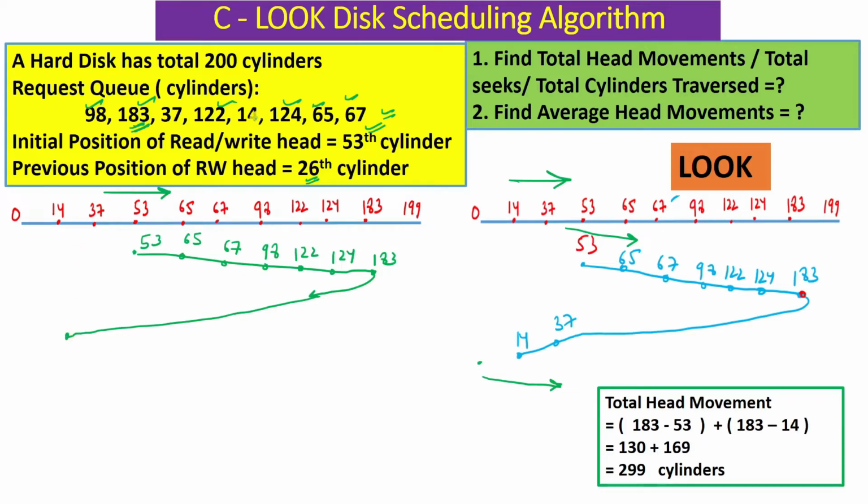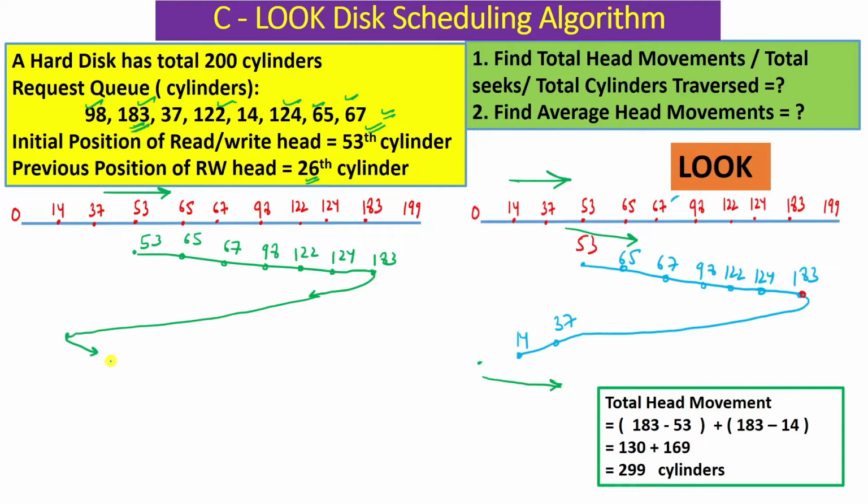If 0 is present in the request queue, only then will we go to 0. If not present, that's okay, we simply go to the minimum cylinder number present here.